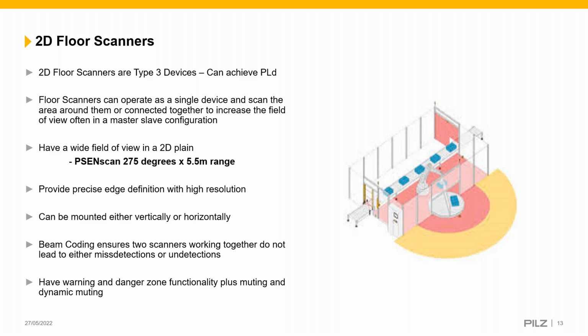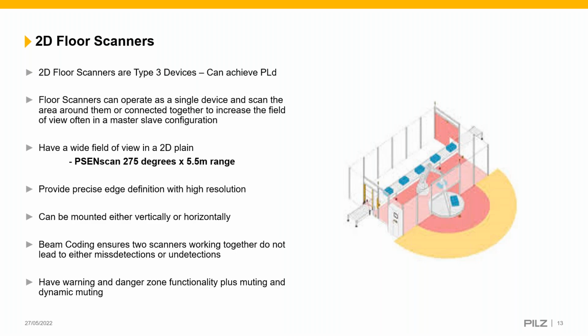But what you've got to consider when you're doing this is you're going to increase the reaction time of the floor scanner as well. So at the minute with the PSEN scan, if I remember right, if you have 2 scans, it's 62 millisecond scan time. If you go to 3 scans, you're at 92 millisecond scan time, and so on and so forth. So you're going to then have bigger safety distances.